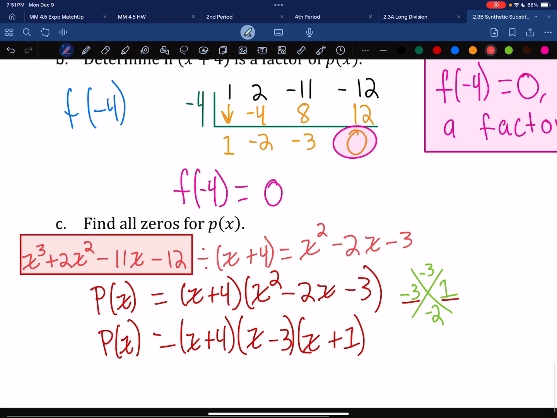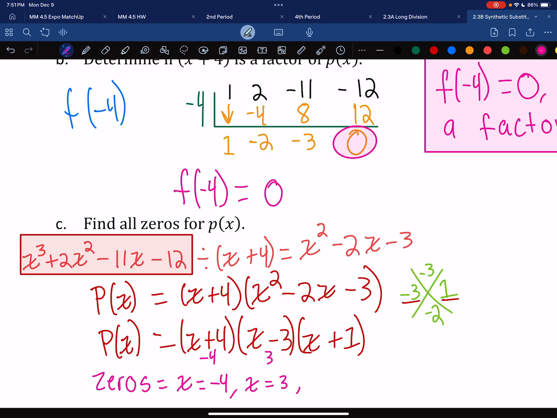We want to find the zeros. So then the zeros are x equals -4, x equals 3, and x equals -1.